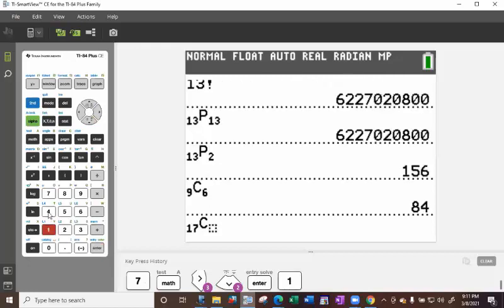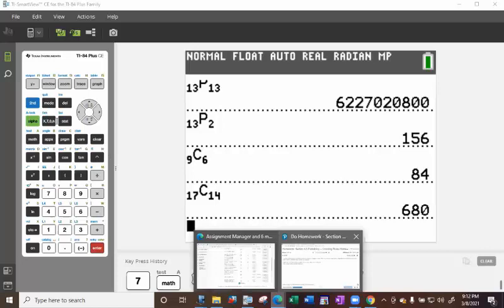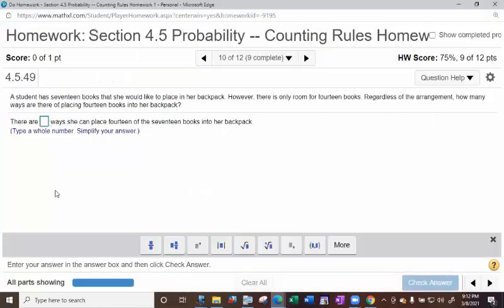So nCr. 680. Simplify your answer. I don't think I can get it much simpler than 680.